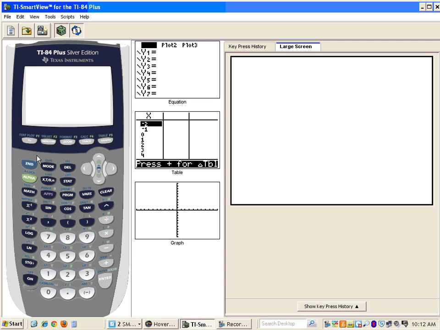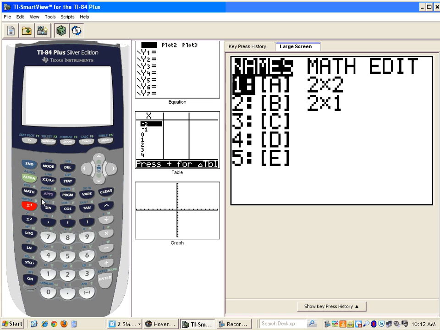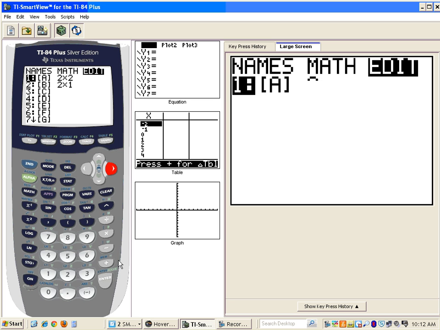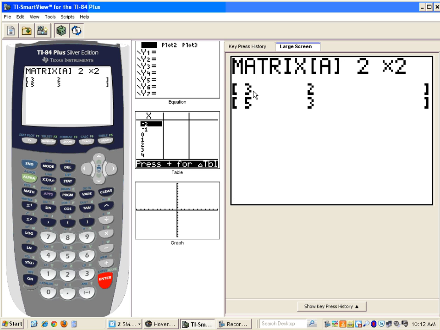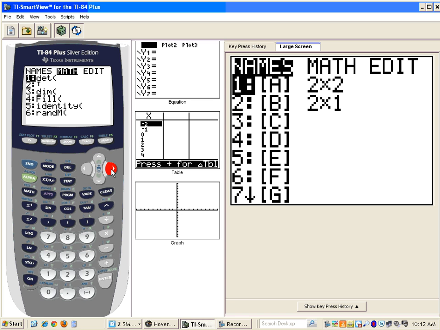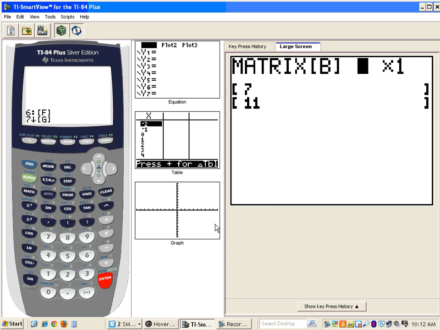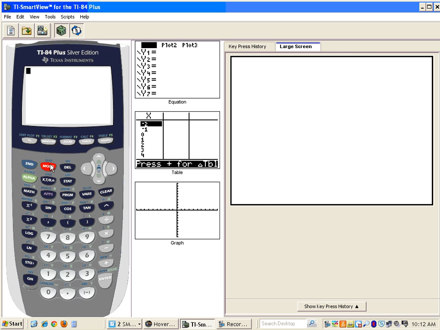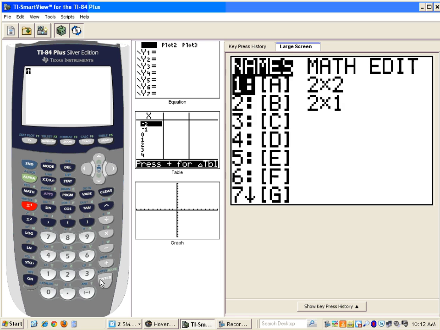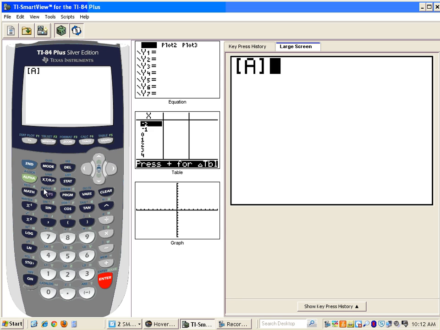I've already put in, so if I do second matrix over, here's matrix A, my 3, 2, 5, 3. Second matrix over, here's matrix B, my 7 and my 11. So if I go back to my blank screen and pull up matrix A, there it is, and I want to do it to the -1 power, which is the button right here on the left-hand side.